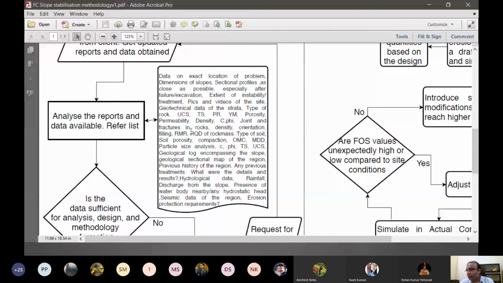Then there was the geological log, if a geological survey was done, section map, previous history of the region. Hydrological properties, rainfall, seismic data. So all the factors that we were just discussing in our slope stabilization process. We used to mostly ask for these parameters.